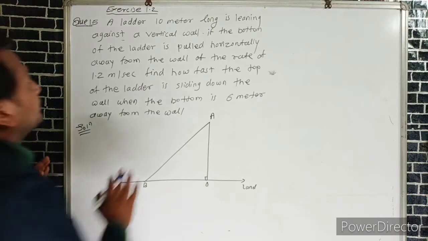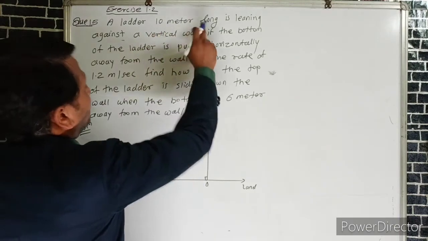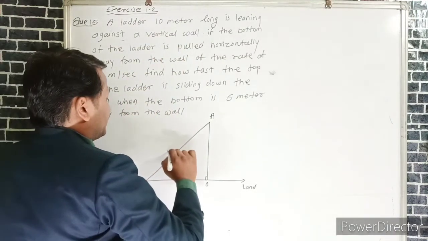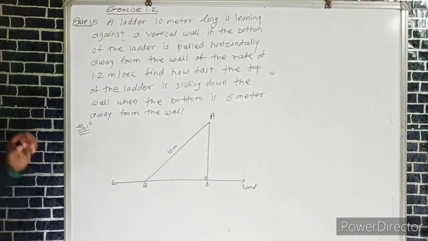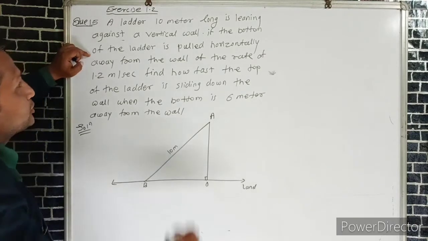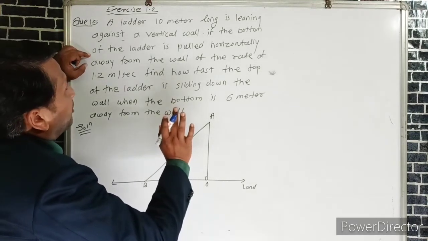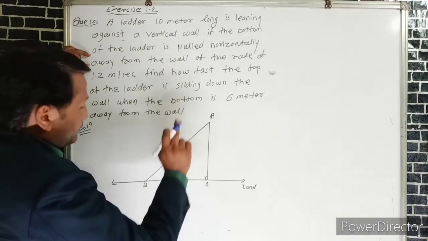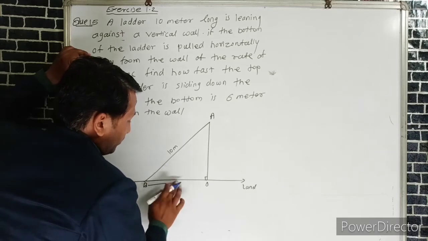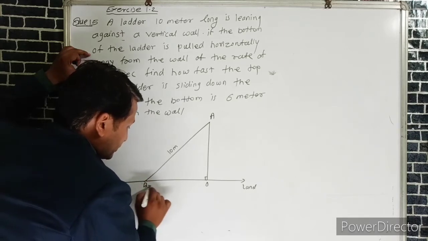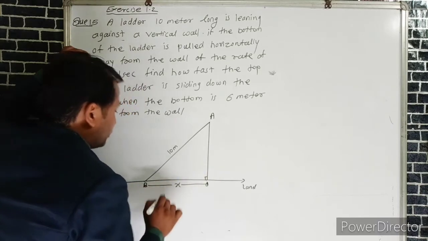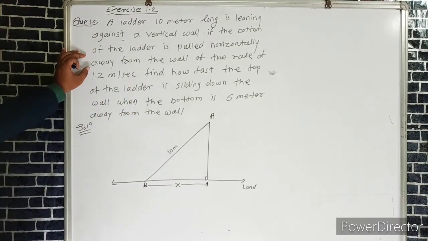So, a ladder 10 meter long, the length of the ladder, which is 10 meter, is given, is leaning against a vertical wall. If the bottom of the ladder is pulled horizontally away from the wall, let us consider that the bottom of the ladder is x.